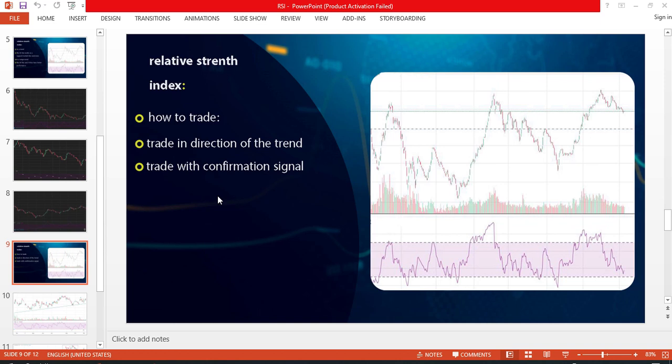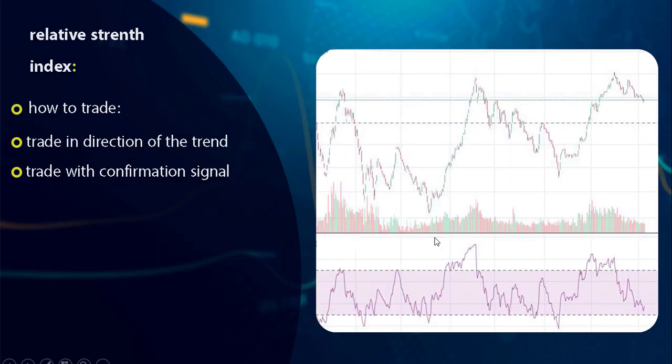Another thing that we need to pay attention to when using this indicator is that we need to get a confirmation signal.